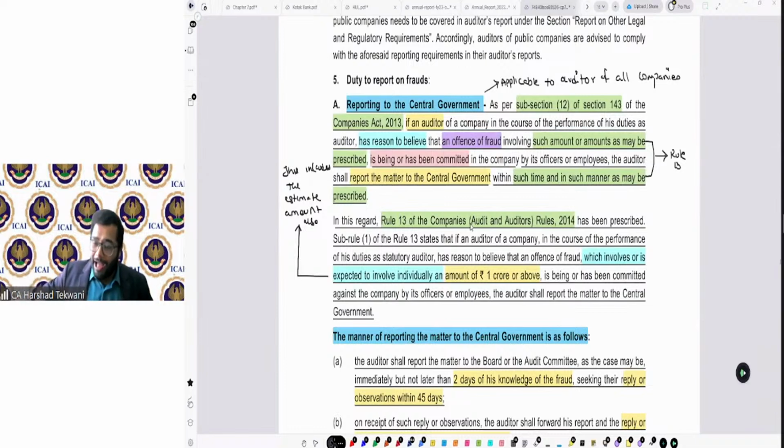Now tomorrow, after investigation, the fraud doesn't come up. Everything comes out clean. Earlier it was becoming a problem for the auditor, because companies were coming back and claiming that the auditor had done it to tarnish the image of the company, because now everything is clear and there is nothing like fraud, but the auditor reported it because he had a reason to believe, which came out incorrect.